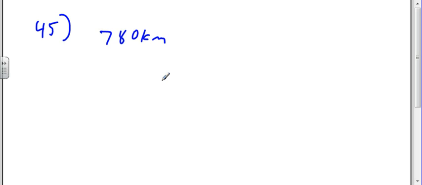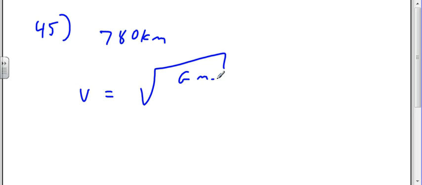Okay, from the chapter we have an equation that says v is equal to the square root of G M_E divided by r.